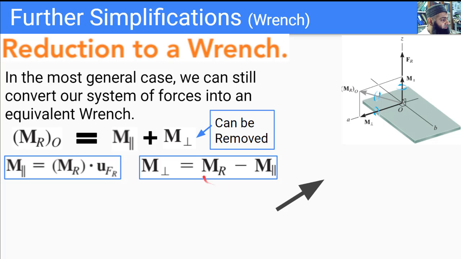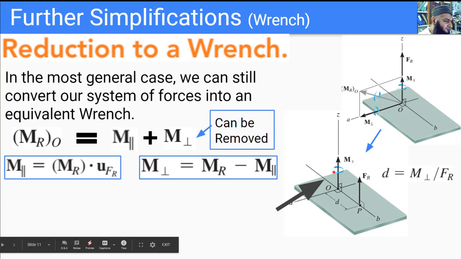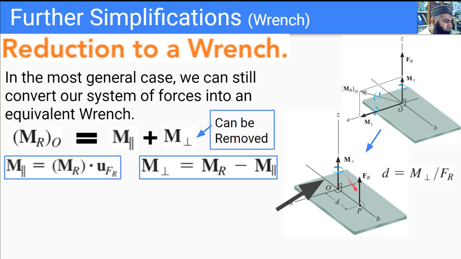And this perpendicular component, as we saw, can be removed by moving the force around. So the result that we get is that we have a force, and the only remaining component of the moment is the one which is parallel to the force.